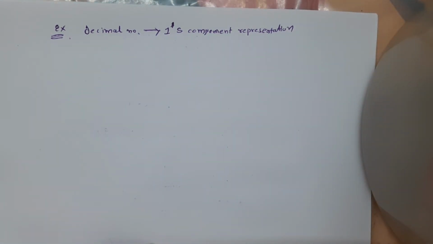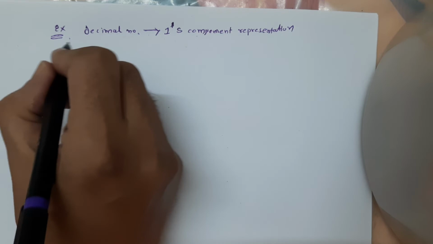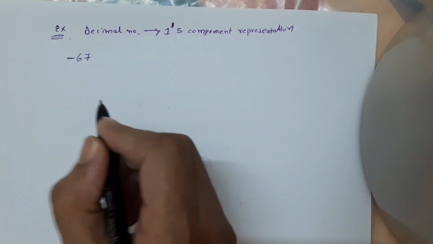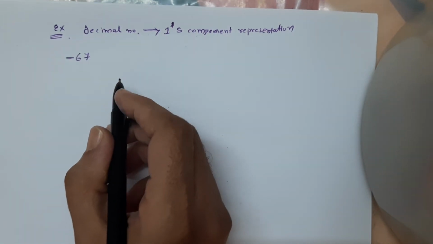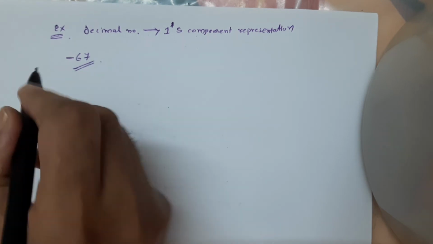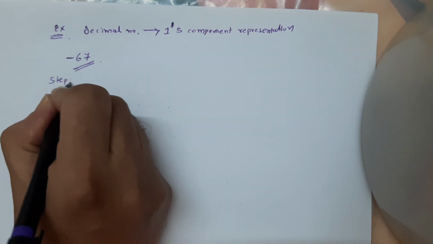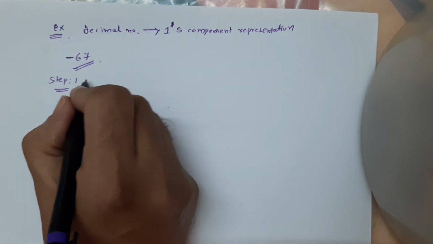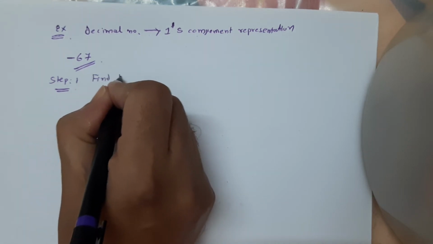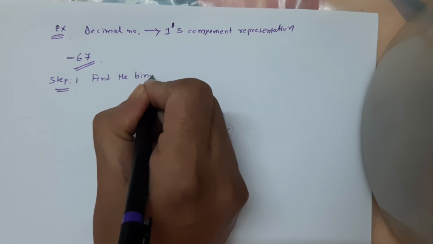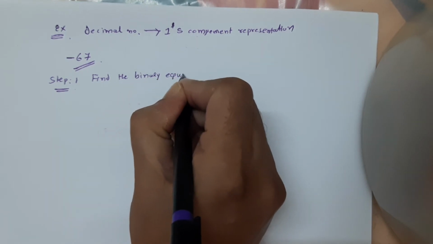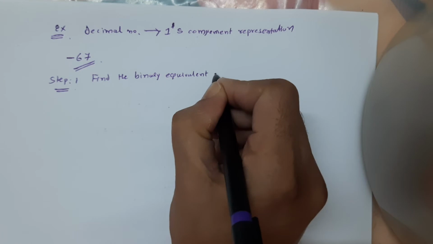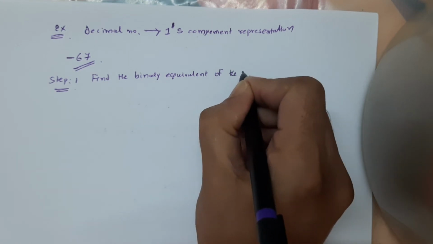Right? The number is minus 67. So our first step, step 1: find the binary equivalent of the number.